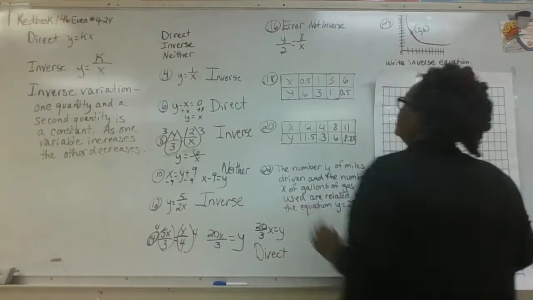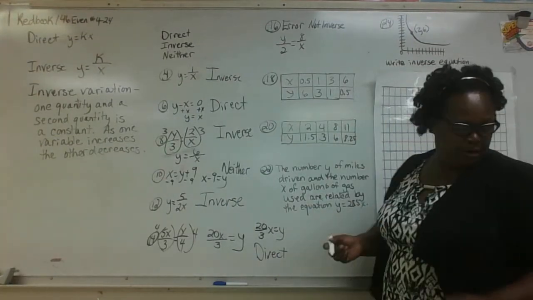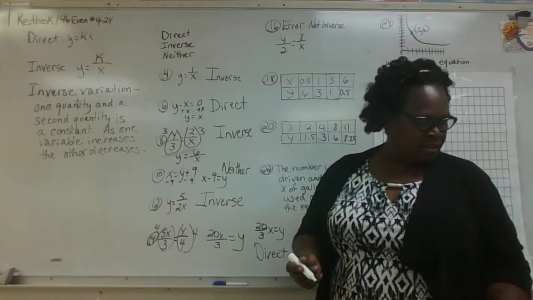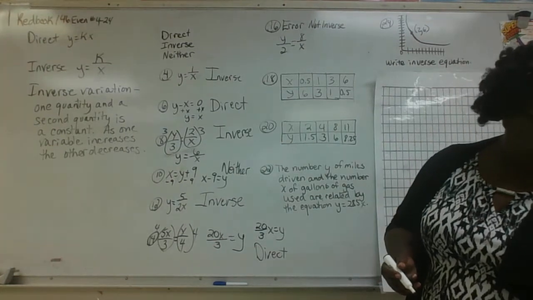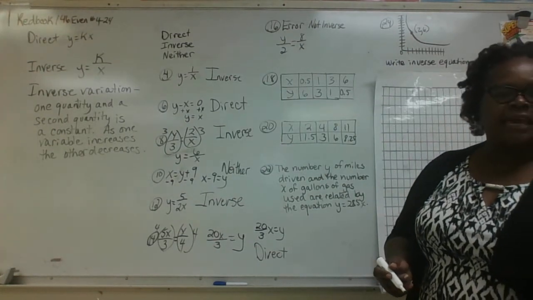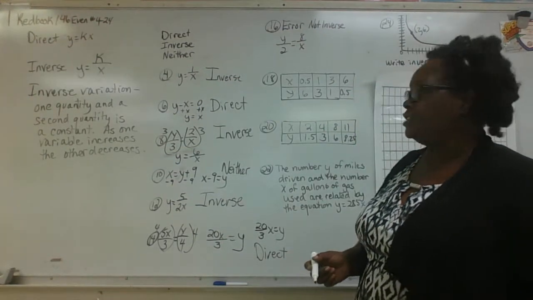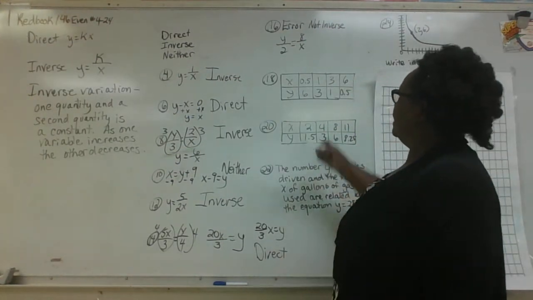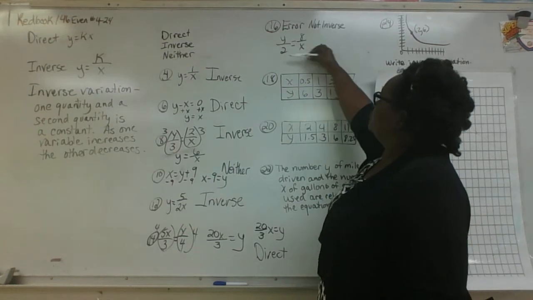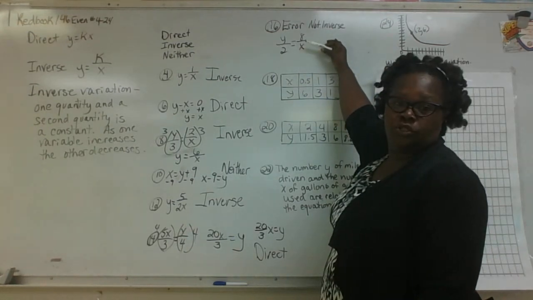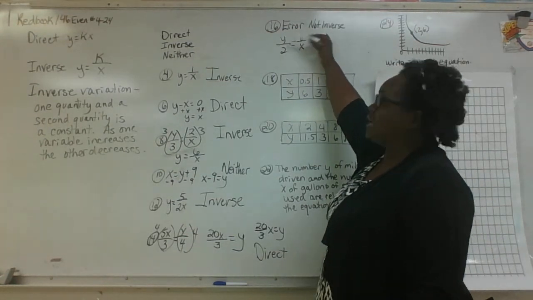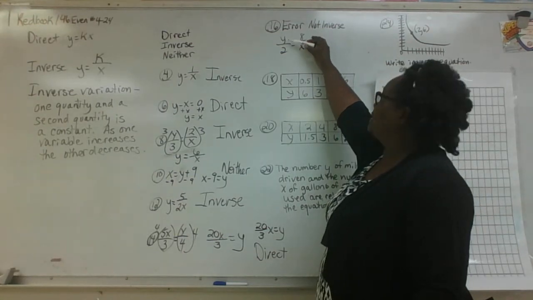Let's take a look here. The textbook says that this is an error. The error reads thusly: describe and correct the error, telling whether x and y show inverse variation. So in this case, we can't use this equation as it is to make a determination because y is not isolated. So we need to isolate the y.